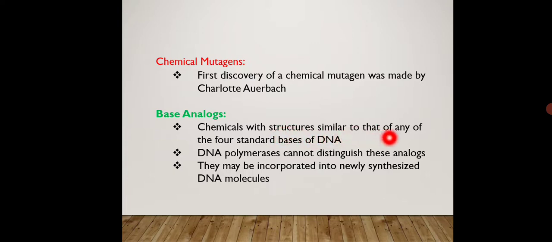Base analogs are chemicals with structure similar to that of any of the four standard bases of DNA. So we can say that these base analogs have the same molecular structure, as I told, that it can mimic or copy.